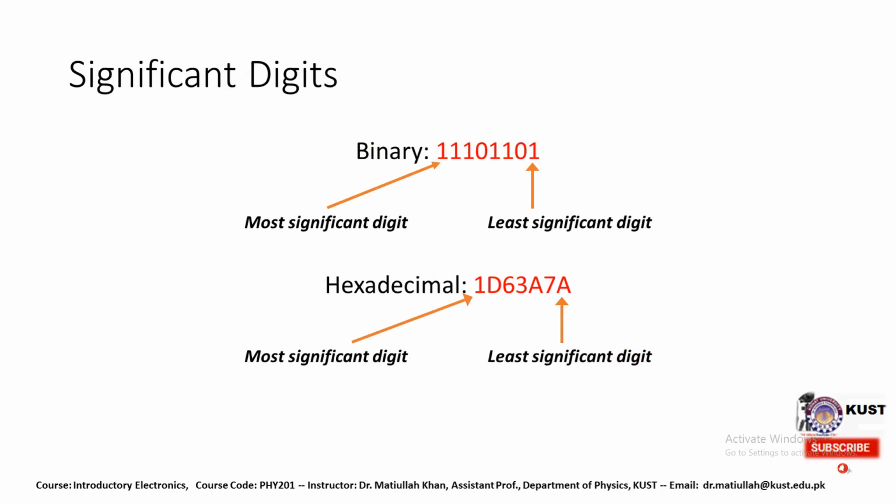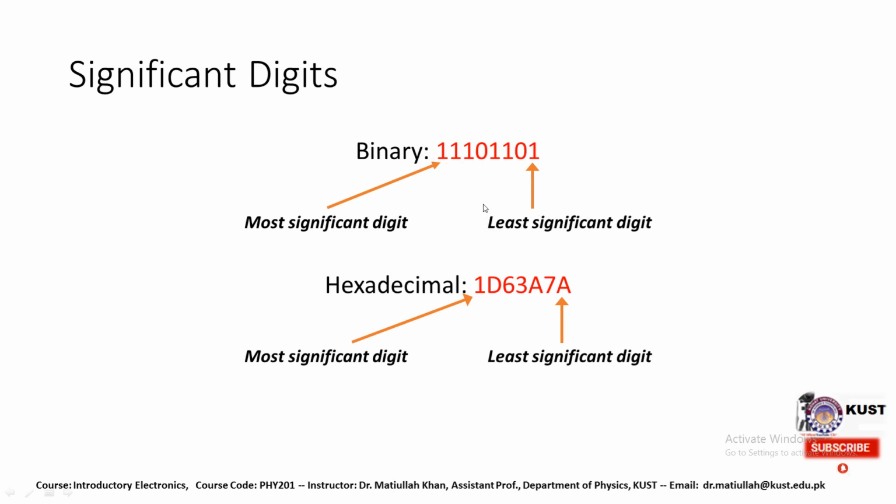So let's come toward the significant digits in different number systems. First we try to understand the significant digits in the case of the binary number system. We have a simple number like this, something from the binary number system. We have the most significant digit, that is this one, and we have the least significant digit, that is this one.